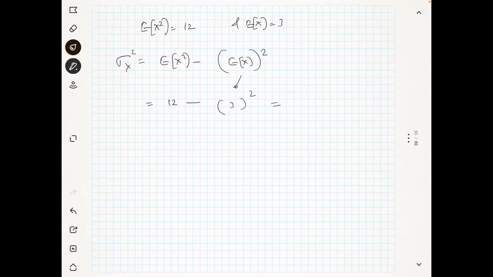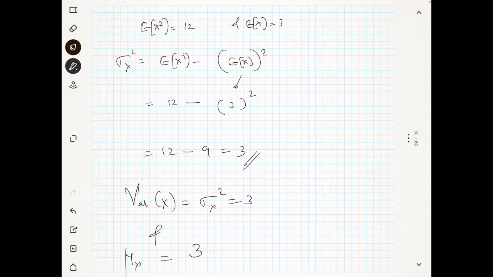Okay, so 12 minus 3 square is 9, so it is equal to 3. So the variance of x you will get as sigma x square is equal to 3, and the answer for mean is also 3. Okay, so this is your final answer for this problem. So I hope this is clear to you, right? This problem is very clear to you.